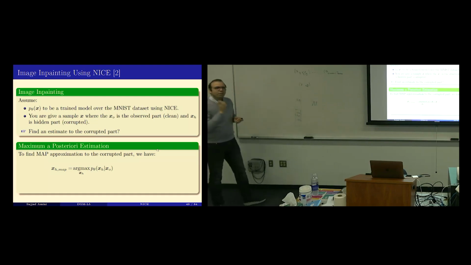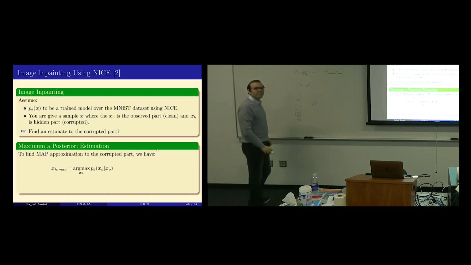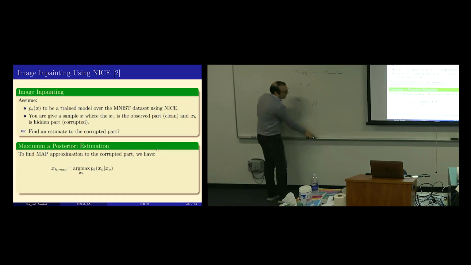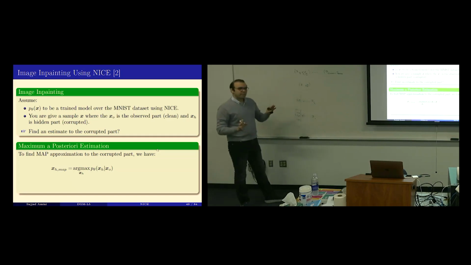Now we want to have conditional generation. I have a model which is trained on MNIST concatenated with its label. Assume a similar problem to the inpainting example, where this is the hidden part and this is what you observe. You have a trained model for the concatenated vector.